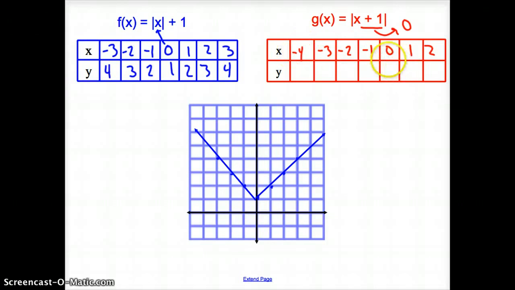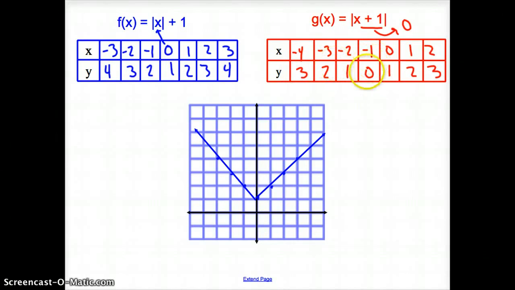So now, if I put -1 in for my x, it would be 0. If I put 0 in, it would be 1, and then 2, 3. Now if I put -2 in for that x, it would be a -1, but the absolute value of -1 is +1, and then it would end up being a +2 and a +3.